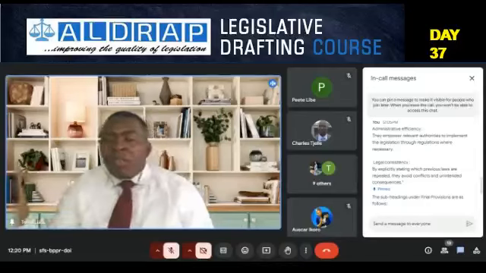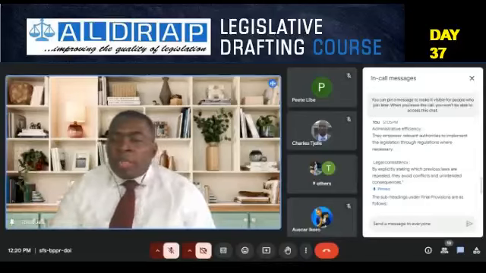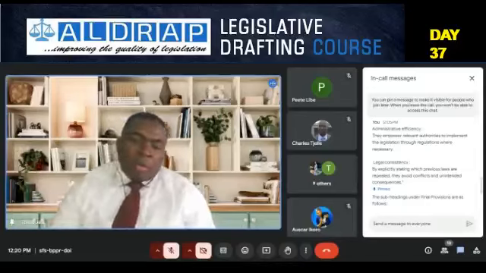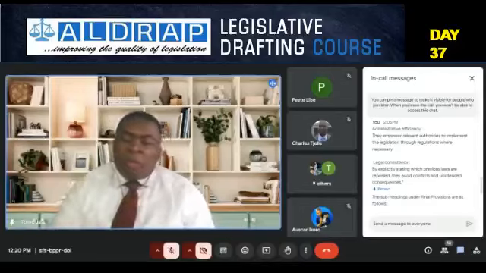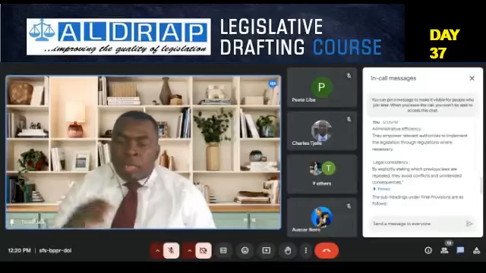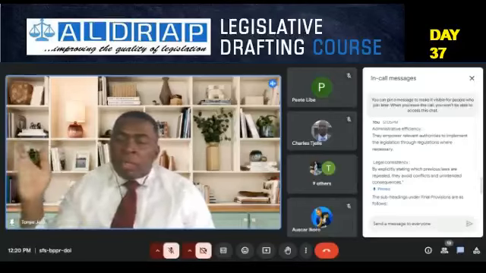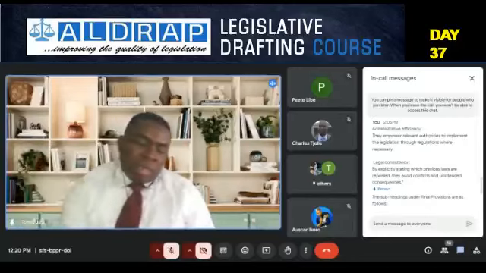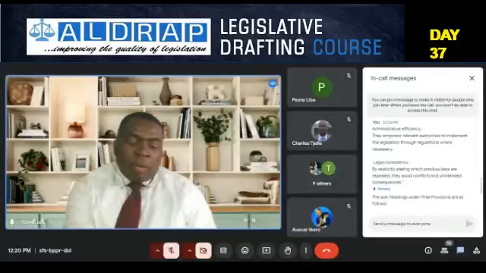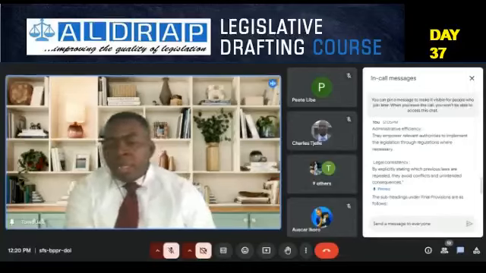First of all, what are final provisions? It's a part of the law, the concluding section of any legislation. It addresses transitional matters, repeal of existing legislation, consequential amendments of existing legislation.